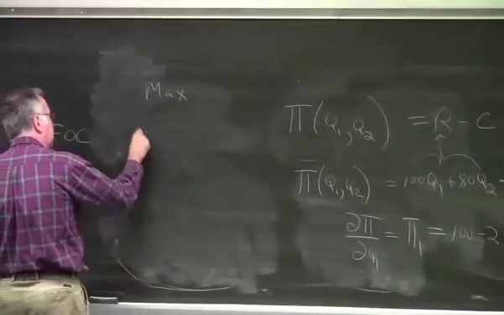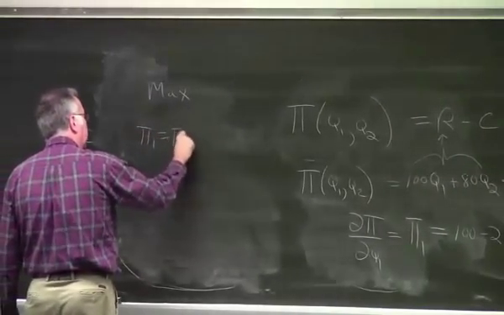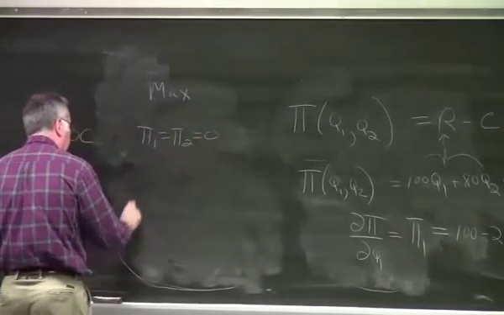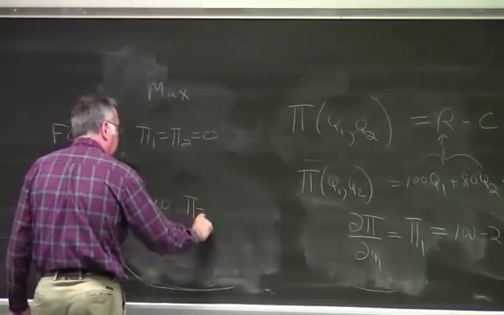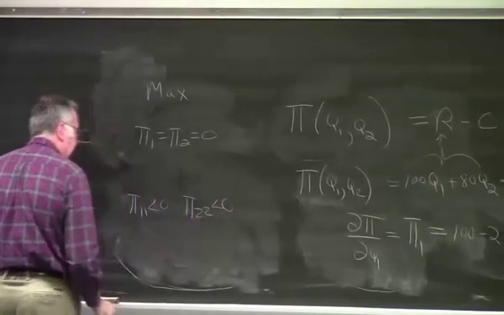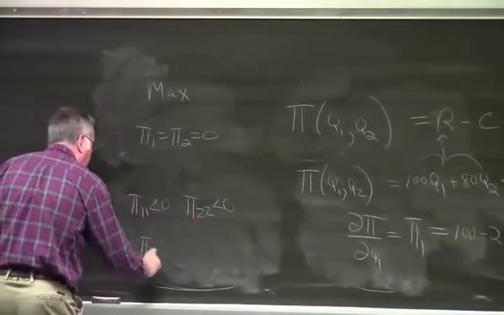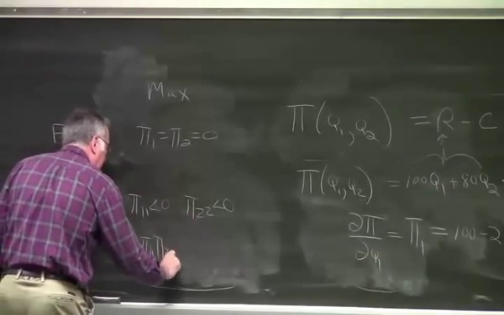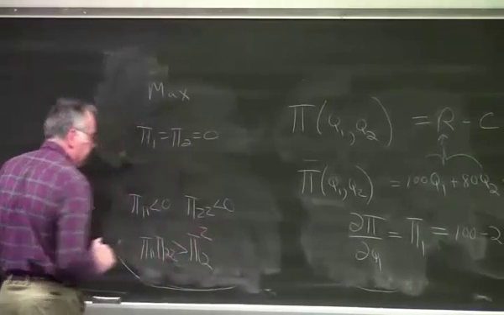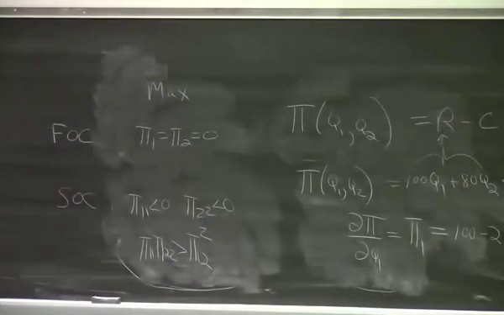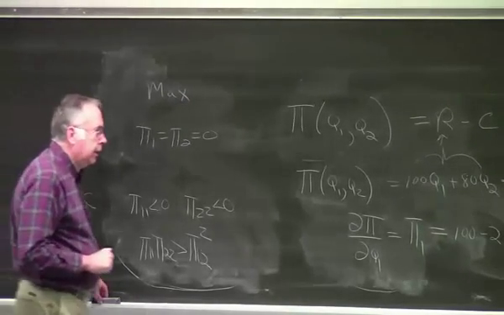Our first order condition is just this, pi 1 equals pi 2 equals 0. Our second order condition is pi 1, 1 negative, pi 2, 2 negative, and pi 1, 1 times pi 2, 2 being greater than pi 1, 2 squared. These would be the conditions for a maximum, just changing our notation.